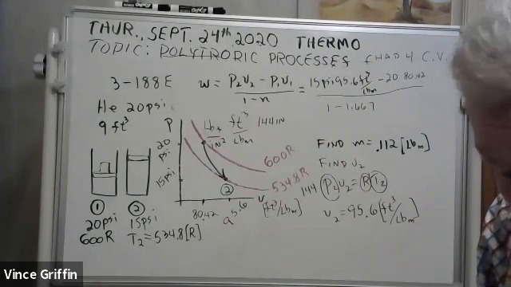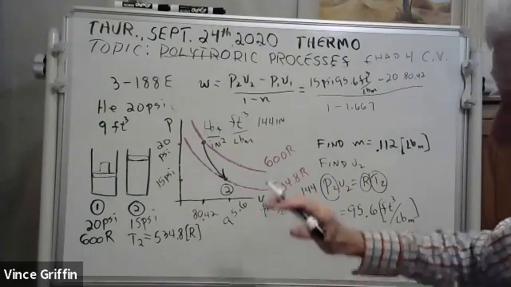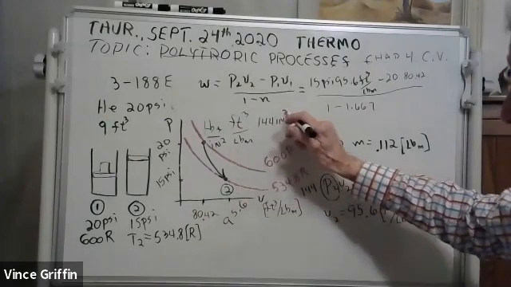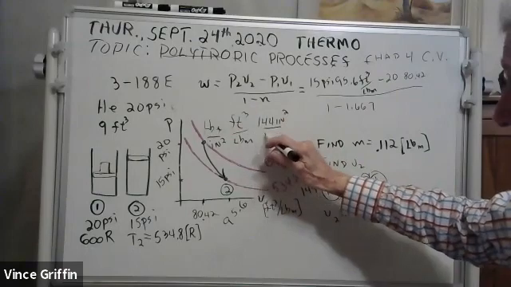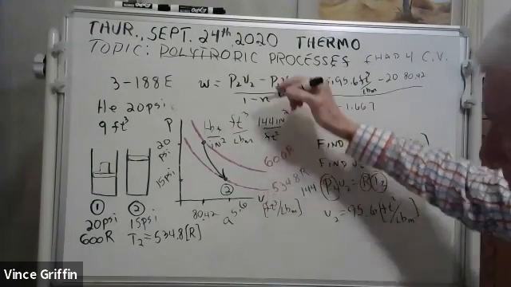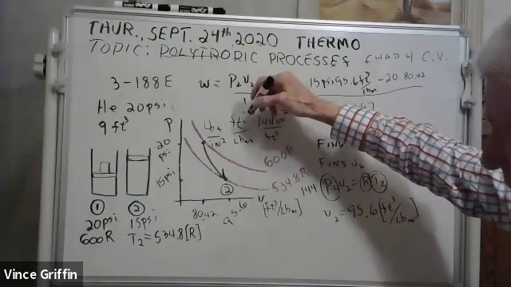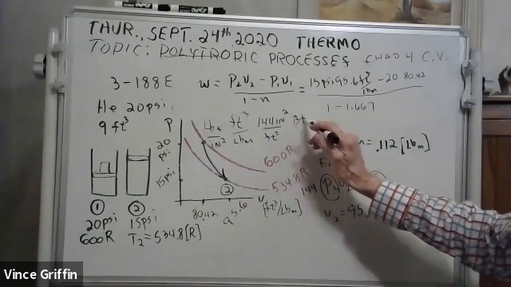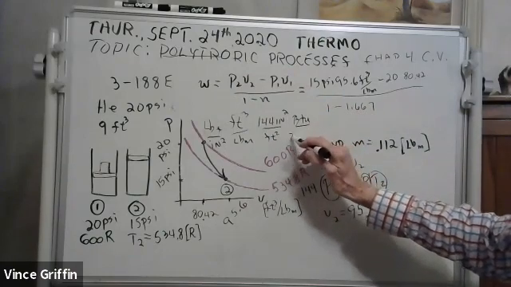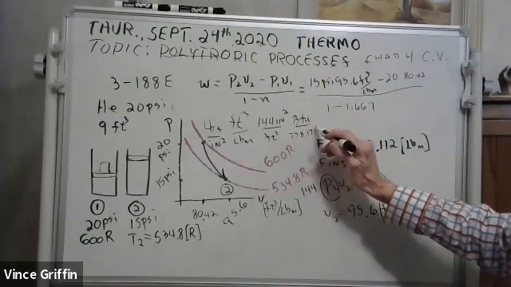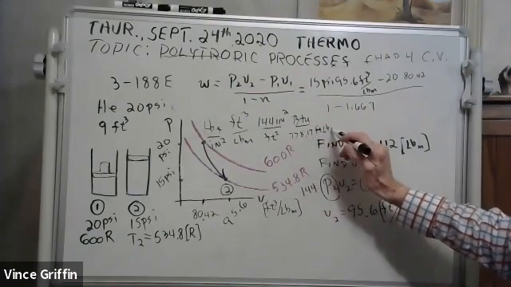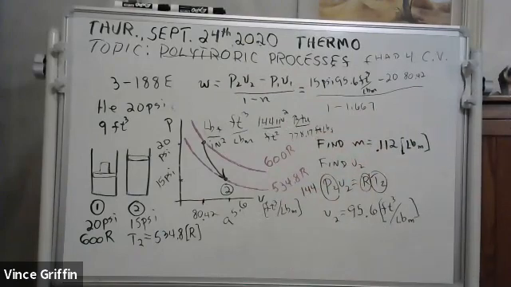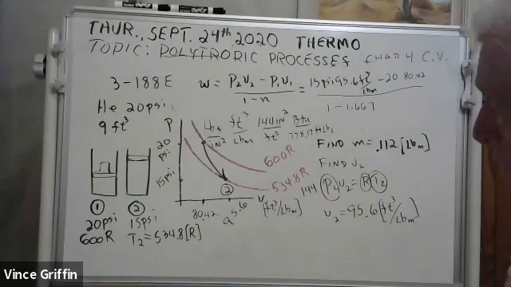English is just hard. I'm sorry, but that's the way it is. We multiply by 144 square inches in a square foot. That'll get rid of some of this cubic feet, and it'll leave us with foot pounds. And then we're going to multiply by BTUs per 778.17 foot pounds. That'll get rid of the foot pounds. The inches go away, the foot pounds go away, and you'll have BTUs per pound mass.